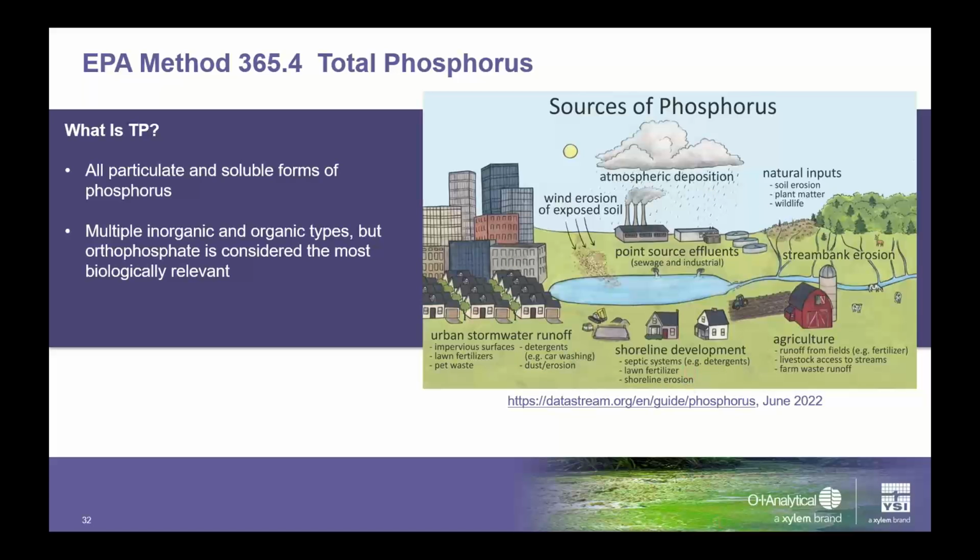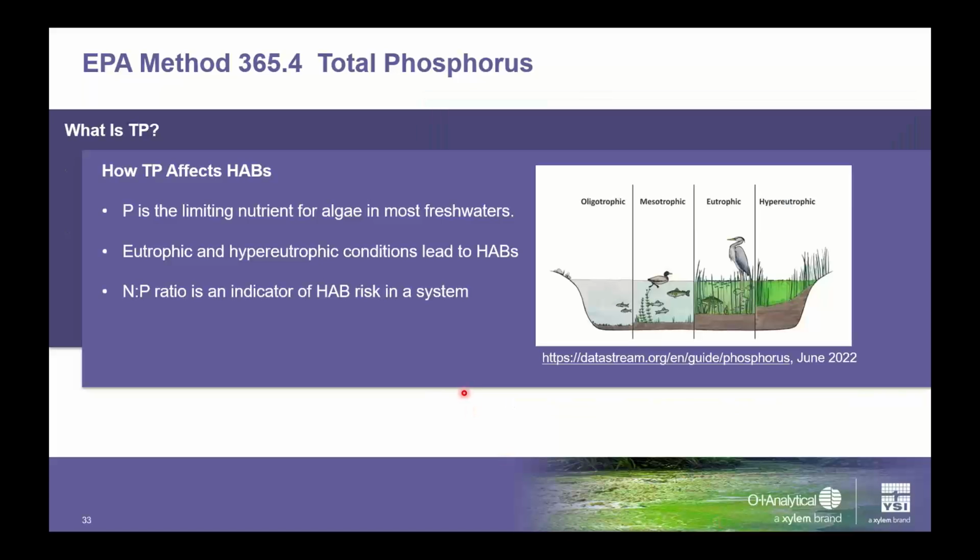One of the reasons that phosphorus gets so much attention is because when it comes to algae like microcystis in freshwater systems, phosphorus typically is the limiting nutrient. And so when you get enough of it in the water in those eutrophic and hypereutrophic conditions, that's when we really start to see these massive algae blooms in freshwater systems.